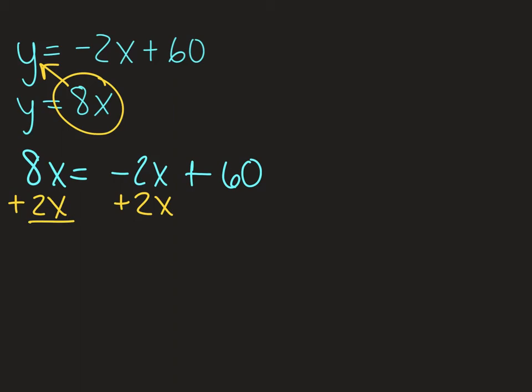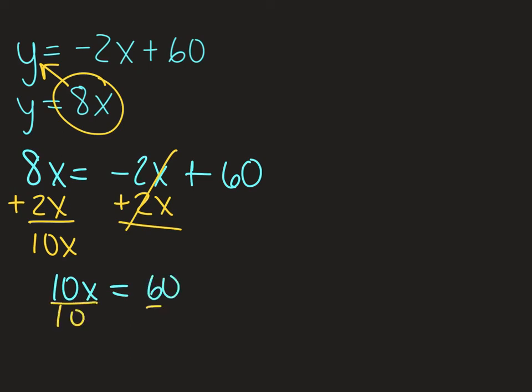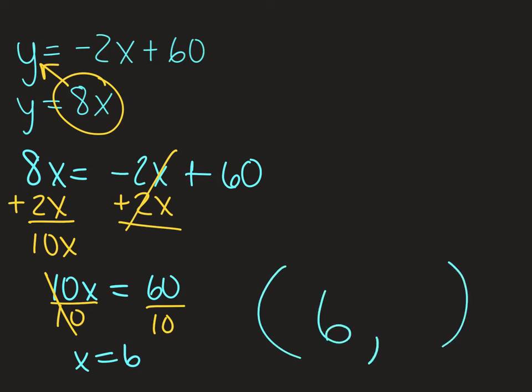The first silly song is add 2x, rewrite, divide by 10, cross out, what's my answer, and I get a 6. Great, I've got the first part of my ordered pair. I know 6. What did I say? Replace and solve.